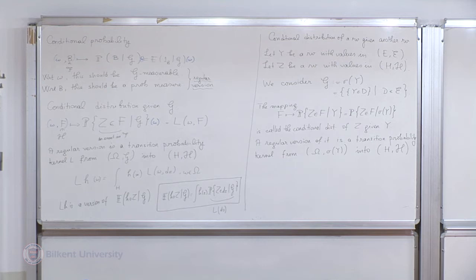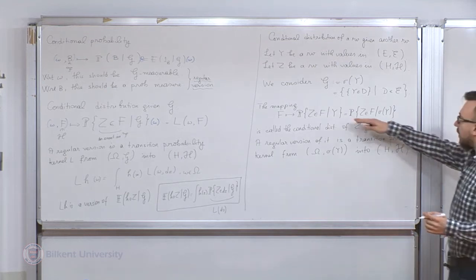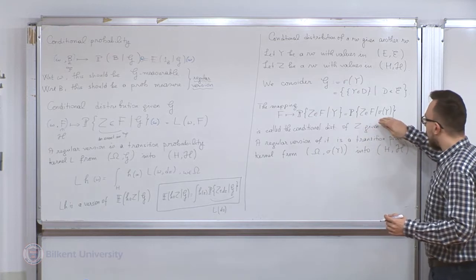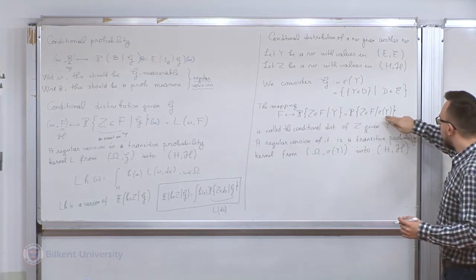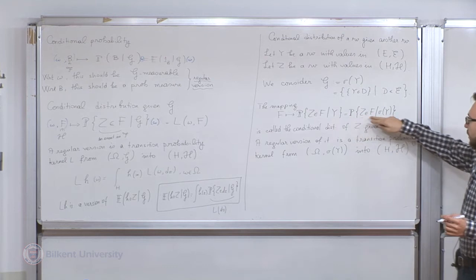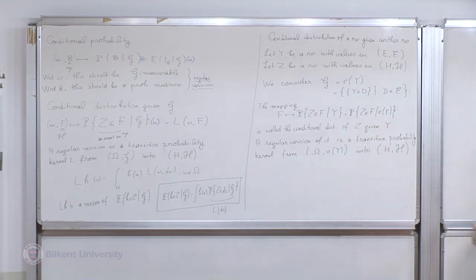And as we discussed this for conditional expectations given random variables, whenever you have something that is measurable with respect to Y or sigma of Y, we say what? If a random variable is measurable with respect to sigma Y, what can you say about that?